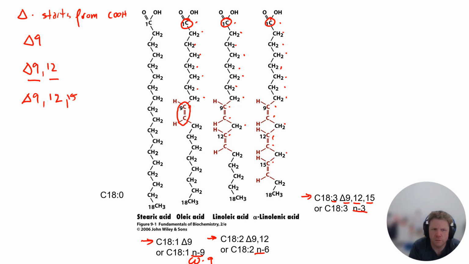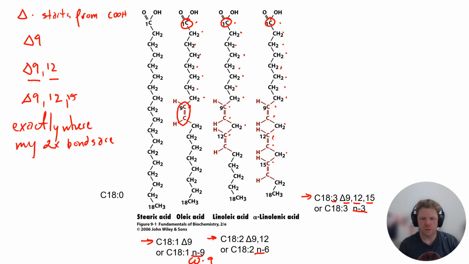That's 9, 12, and 15. The delta numbering scheme tells me exactly where my double bonds are. Okay, so that's the benefit of the delta numbering scheme.